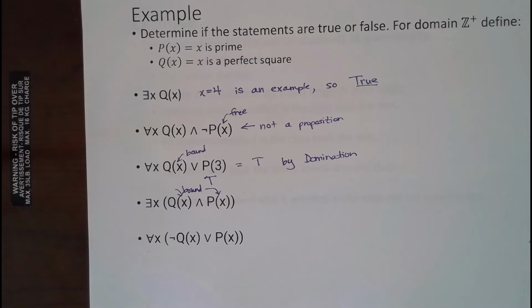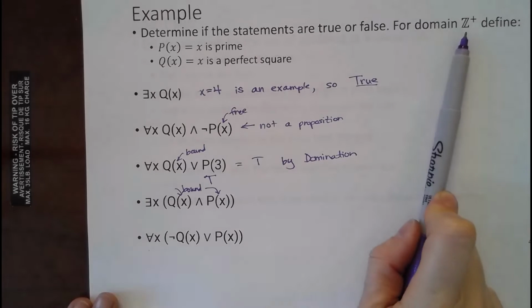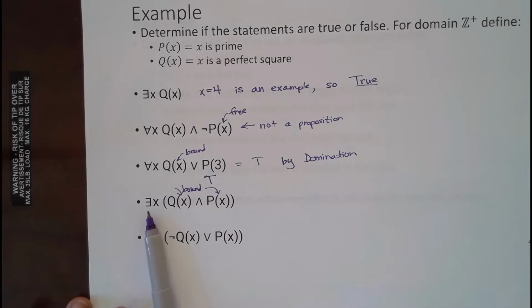So now to make this one true, I just have to ask myself, can I find an x, remember x is from the positive integers, can I find a positive integer that is both a perfect square and a prime number? So is there a number that's both a perfect square and prime? Yeah. 1. So 1 is maybe the only thing that you could think of.